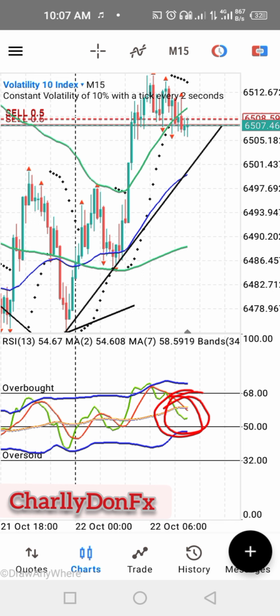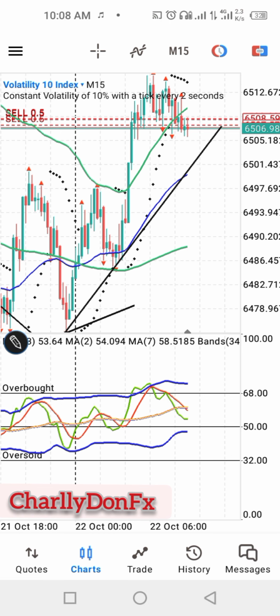That is the signal to get ready to sell. Understand? Because the green is the signal line. It gives you the signal whether to buy or to sell. So once there's a crossover here, at the overbought level, since you are preparing to sell, there is a crossover of the two moving averages at the overbought level.